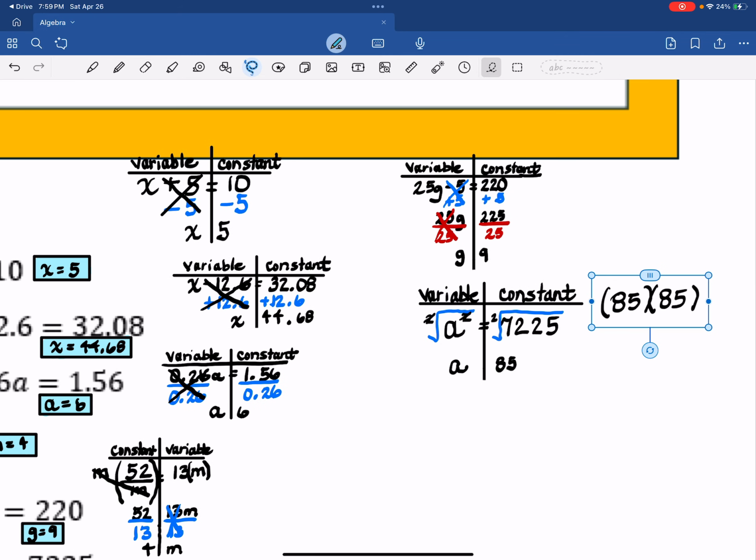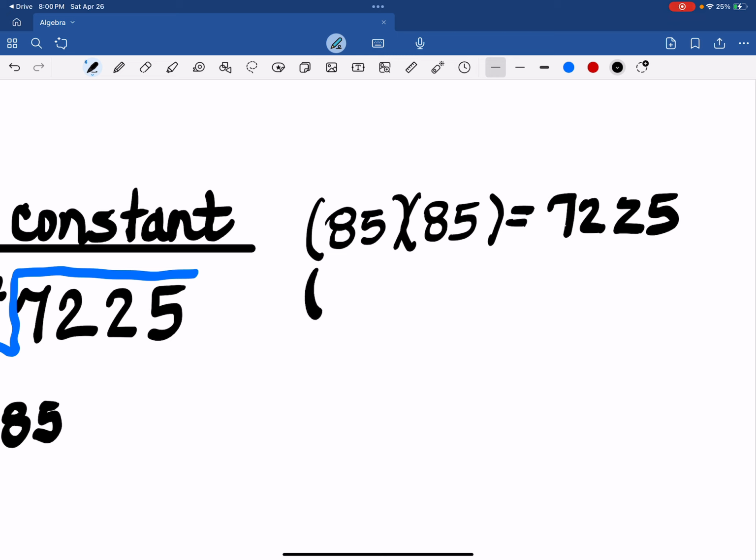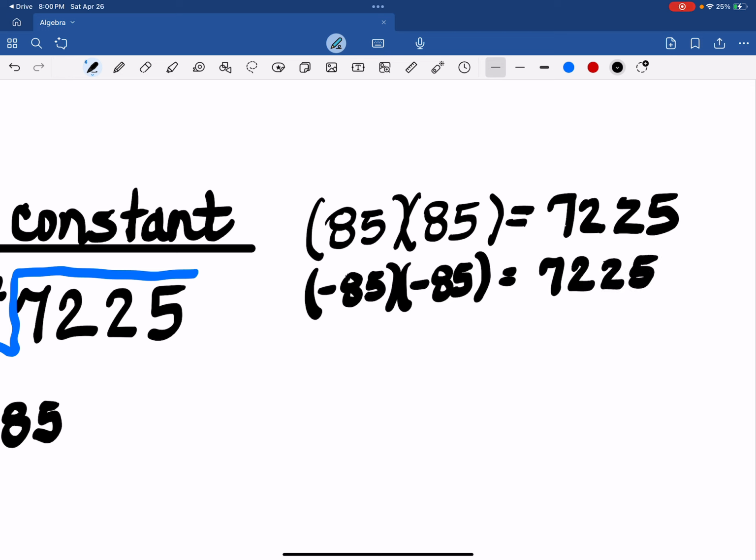We have room. 85 times 85 is, you can do it on the calculator, but you're going to get the power, 7225. If you do negative 85 times negative 85, you will also get positive 7225. Because when you multiply two negatives, the answer is always positive.